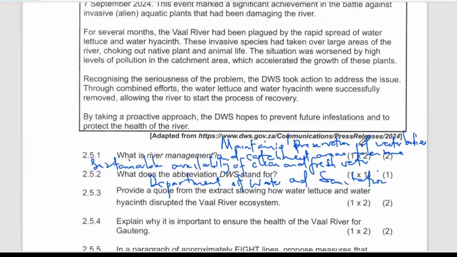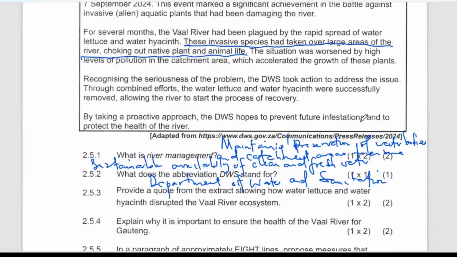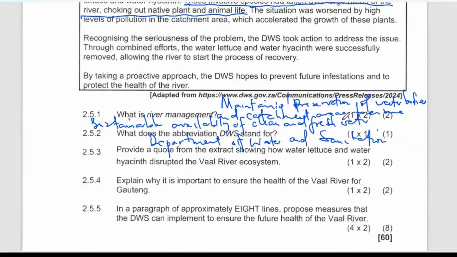We can check in the text. It says, for several months, the Vaal River had been plagued by a rapid spread of water lettuce and water hyacinth, the quote, choking out native plants and animal life. So that is the implication. They have disrupted the Vaal ecosystem. They are choking out native plants and animal life.